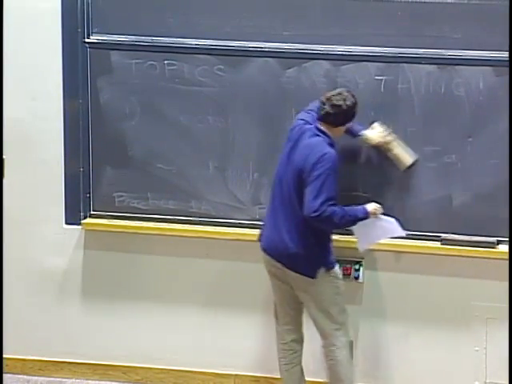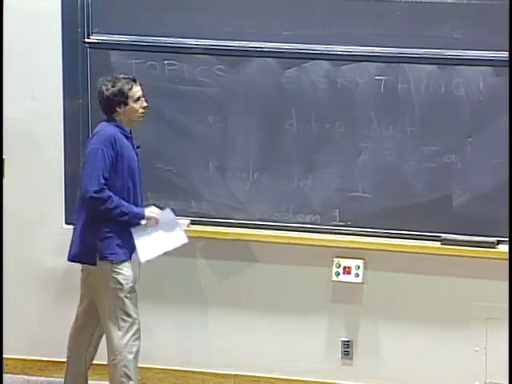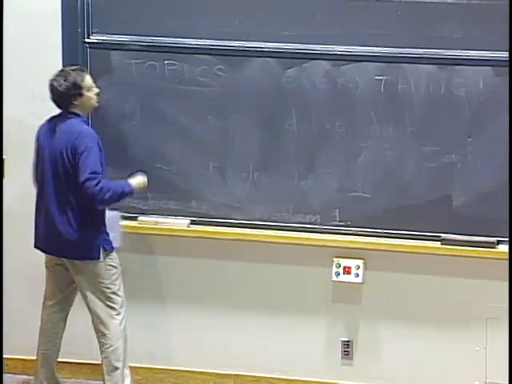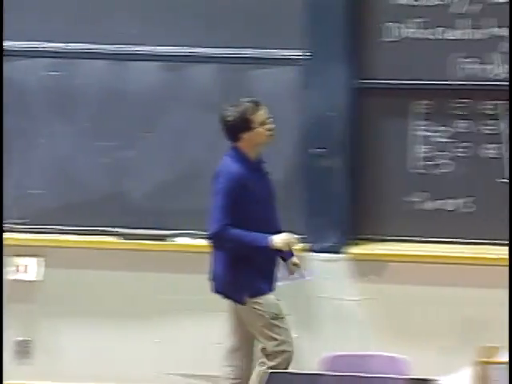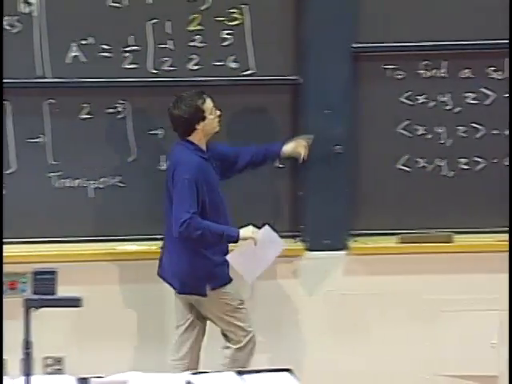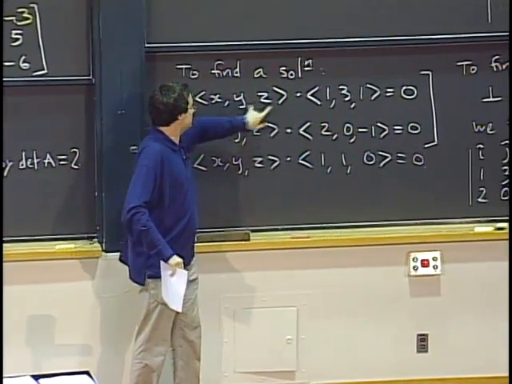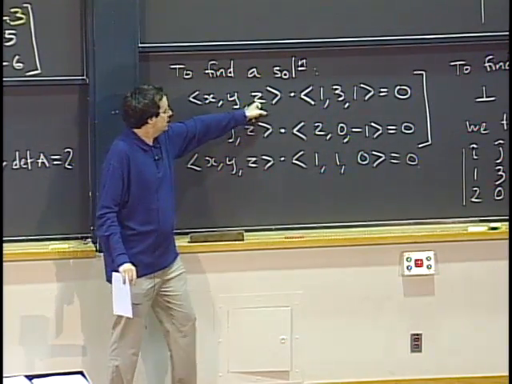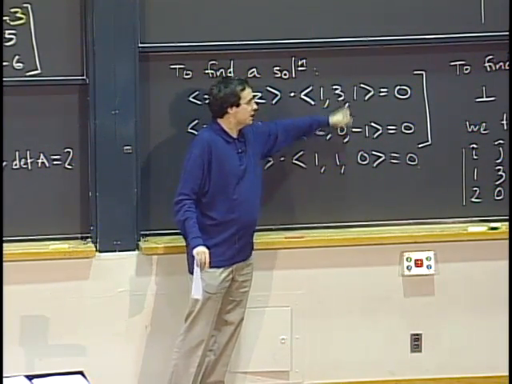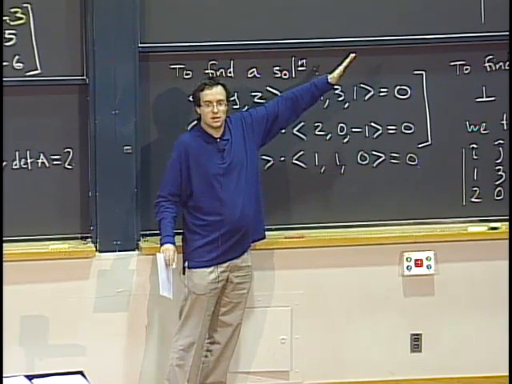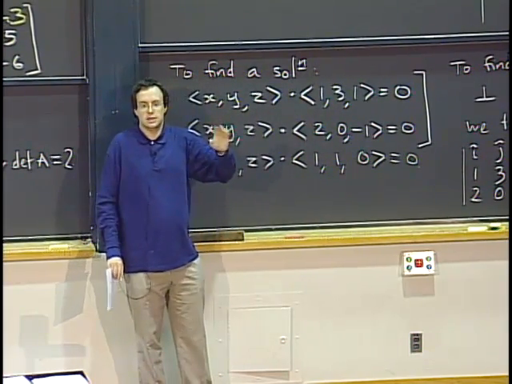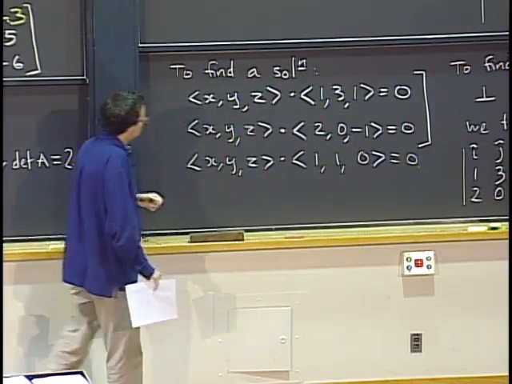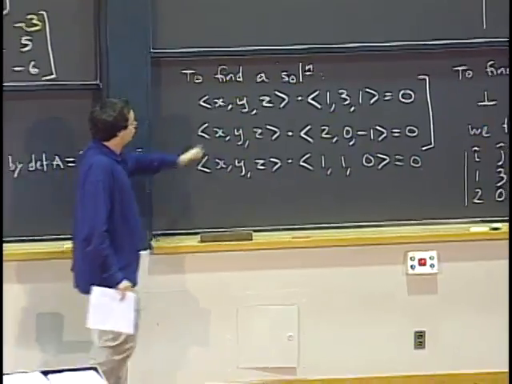First of all, why did I take that cross product again? I took it because I looked at my three equations, and I observed that they can be reformulated in terms of these dot products, saying that x, y, z is perpendicular to these guys, and these guys are the normal vectors to the planes. Remember, to be in all three planes, it needs to be perpendicular to the normal vectors. So that's how we got here.